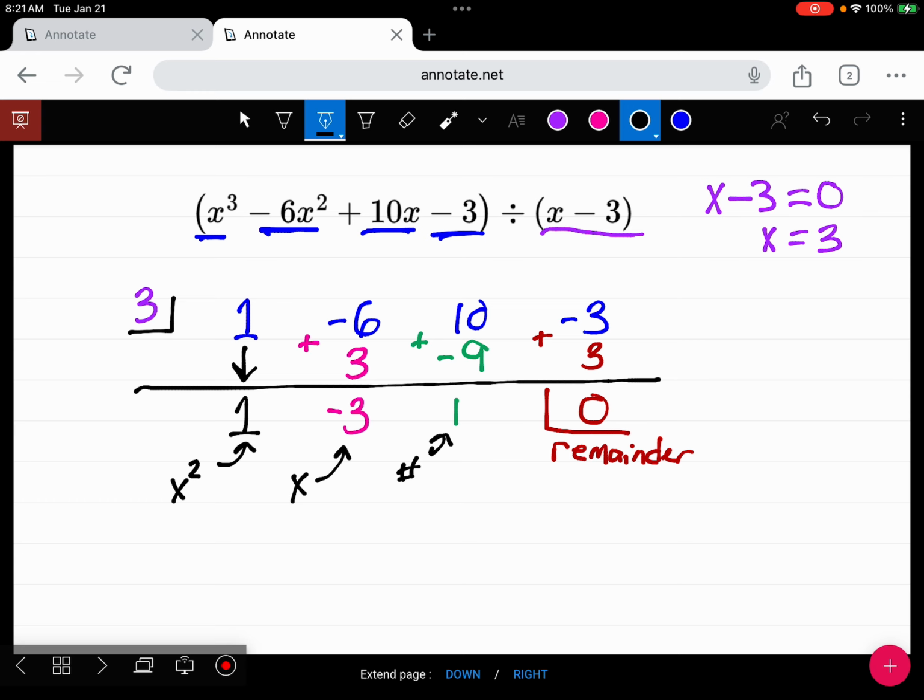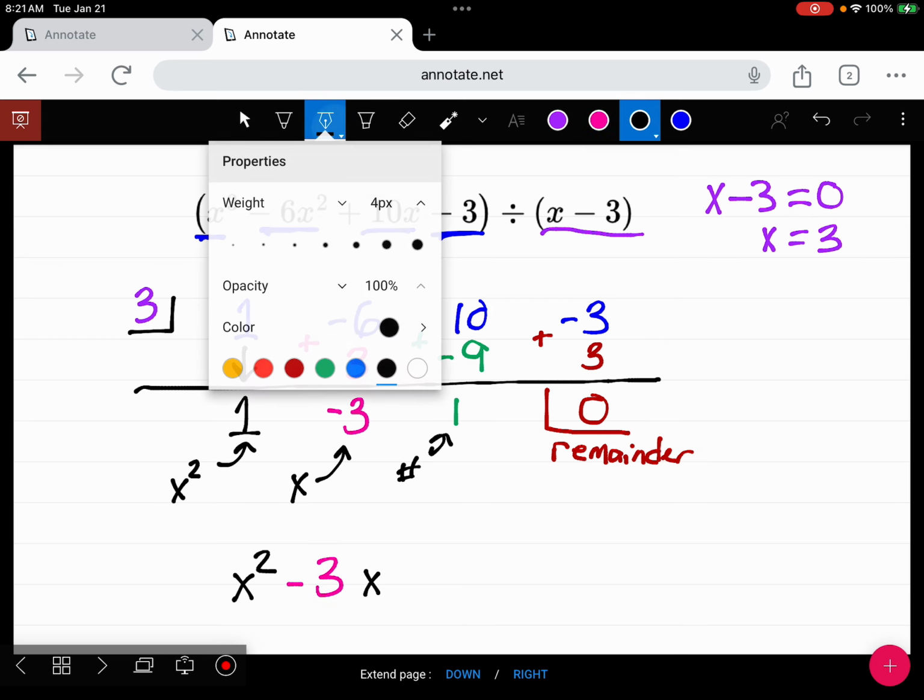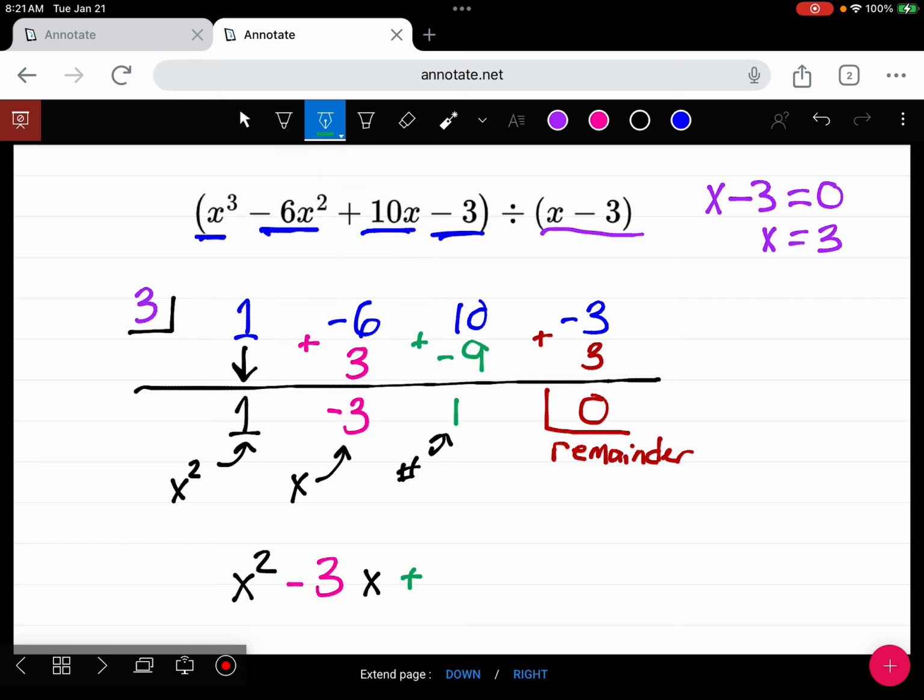So writing our leftover piece here, we have our 1x squared, minus 3x, and then we have a positive 1, so we're going to have a plus 1.